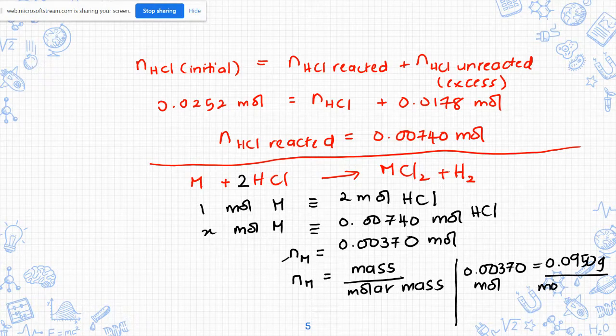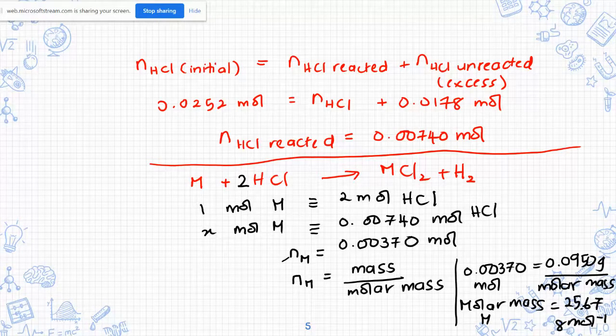And now we can calculate the molar mass. When I calculate, the molar mass of M in this case is 25.67 gram per mole. So this is the answer for sample 1.